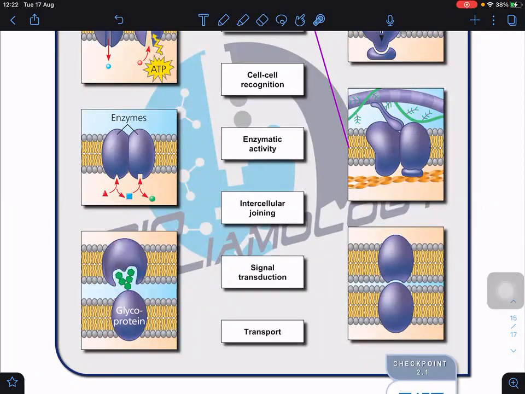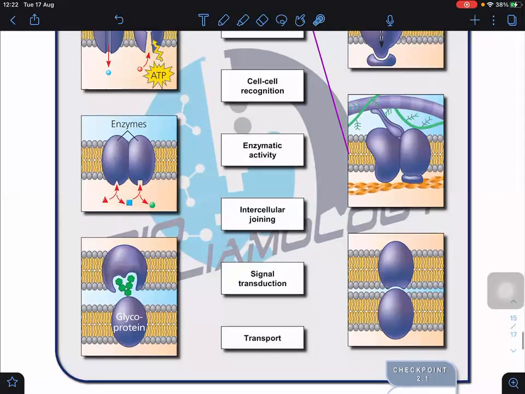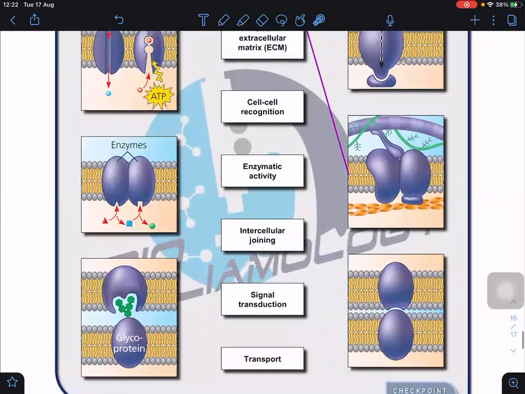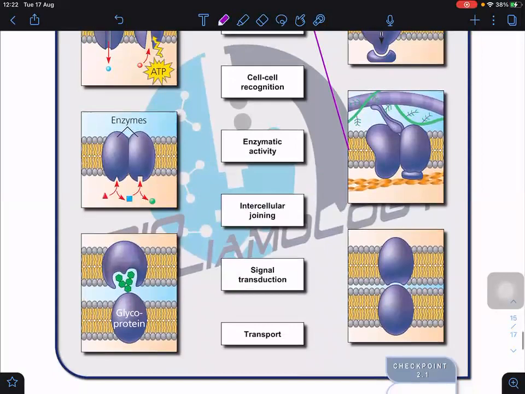For example, lymphocytes have receptors to check: this is our own cell, so don't kill; this is bacteria, kill. So this protein recognition involves the glycoprotein.